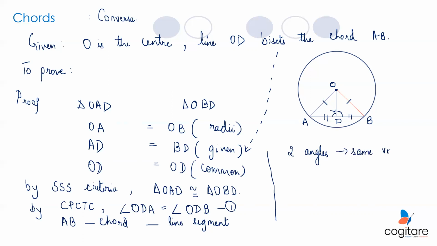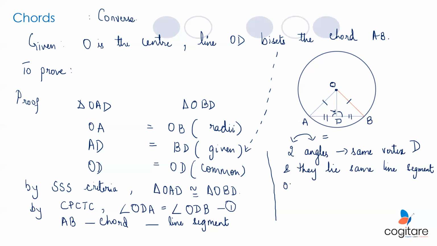What is the vertex in this case? D. We have two angles with the same vertex D, and they lie on the same straight line, or line segment in this case. Then these two angles are equal, and they are supplementary. They add up to 180.